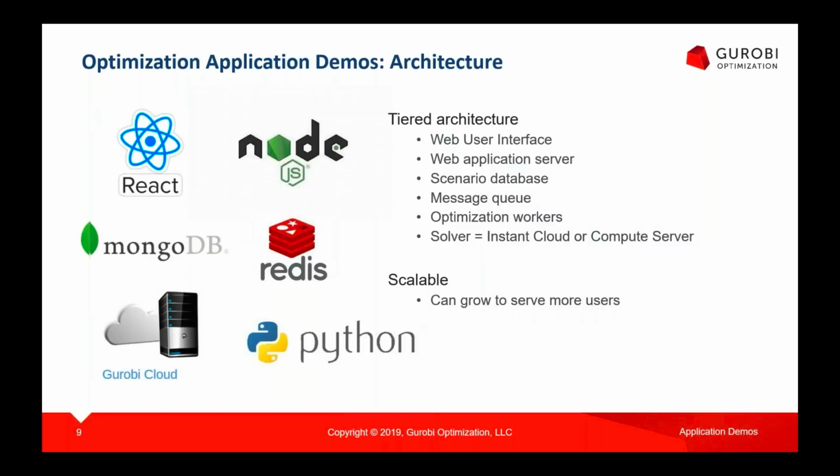This is a tiered architecture, and it's intended to be a best practice. We're proposing this as a best way to architect your applications. As you'll see, the particular components we used are easily substituted with others, and we'll talk about that as we go through the architecture. But there are 6 key components here that I'll just describe, and 6 tiers really. So there's a web user interface that was running in my browser. It's based on React.